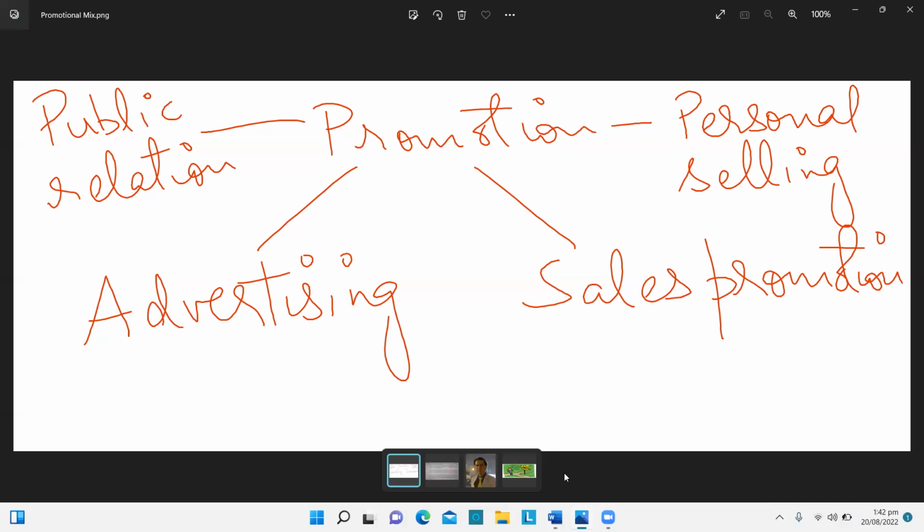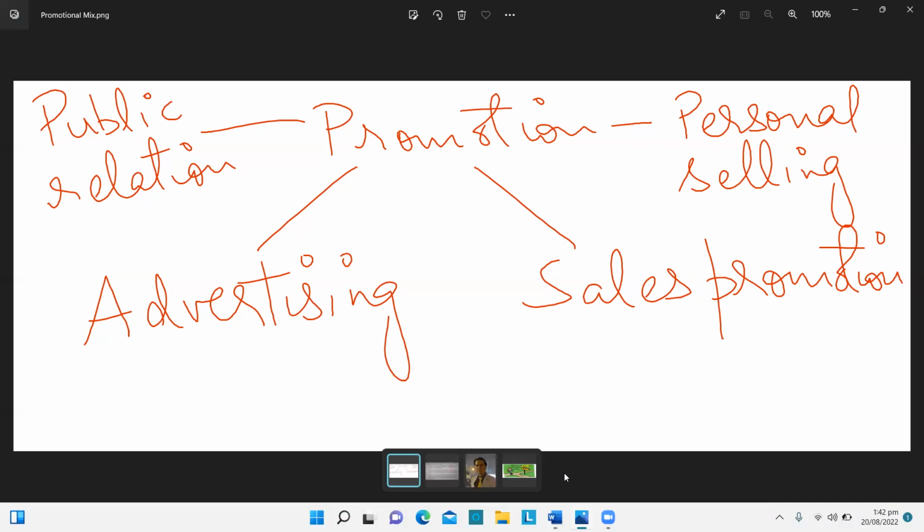And of course, advertising requires a medium, whereas sales promotion does not. Outside the shop window, you can paste 50% off. And you know that many shops do it when the season is going to end, be it winter season or summer season.